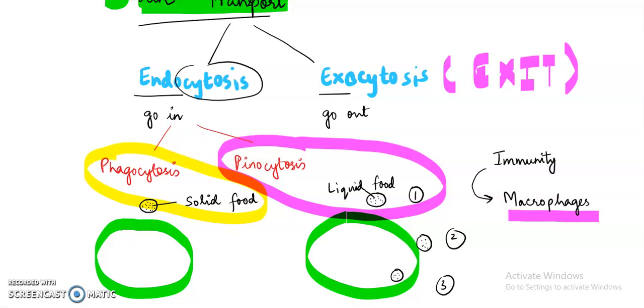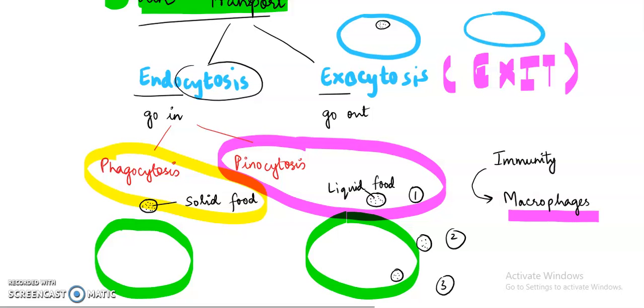So suppose this is a cell with a plasma membrane and it has a waste product in it, a vacuole that is containing the waste product. Now, if the cell has undergone phagocytosis, the waste product will be in the solid form. If the cell has done pinocytosis, the waste will be in the liquid form. Very easy, right? Now, what will happen? This vacuole in the next step will fuse to the plasma membrane and ultimately it will move out, right?